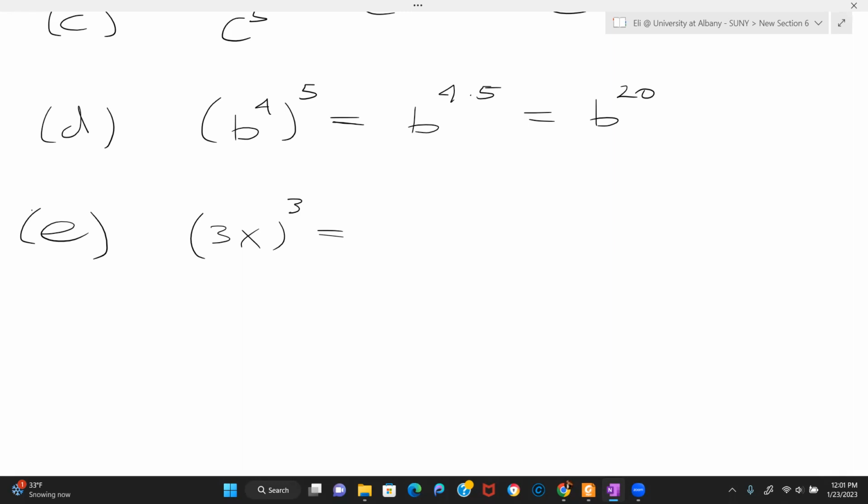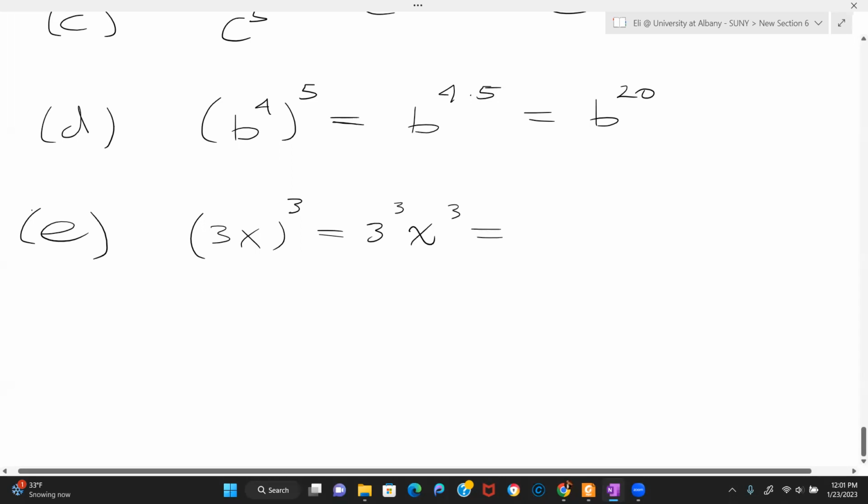If you're looking at matrices, this is not necessarily true, but if it's commutative, it's fine. So when you have a product and you raise it to a power, you raise each thing to the power. So this is going to be 3 to the third, and then x to the third, and 3 to the third is 27, times x to the third.